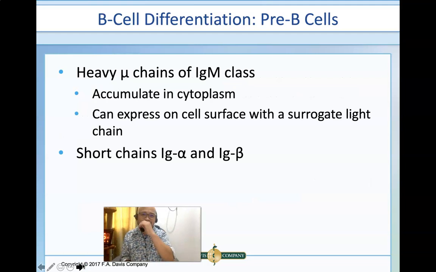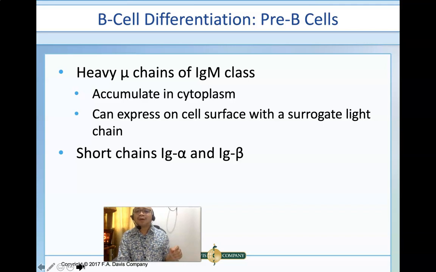Now, once they are already pre-B cells, it is expected that they have the heavy mu chains of the IgM class. And the reason why the heavy mu chains of the IgM class appear on the cell surface is because primarily the mu chain accumulates in the cytoplasm.